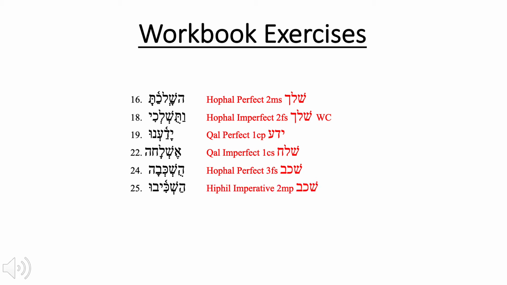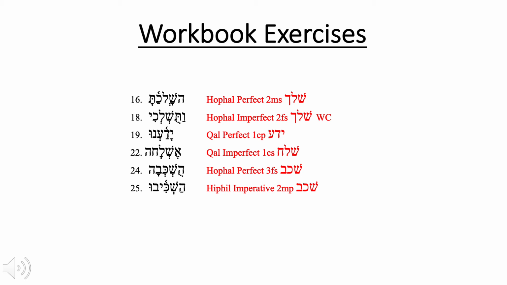Number 25 is a Hiphil. We see the hiriq yod under the kaf. We see the hey plus the patach. We also see the shureq at the end, which makes us suspect that maybe this is a third common plural perfect verb. However, we have a patach under the hey, which in the Hiphil means that it's either an infinitive construct or an imperative or an imperfect.